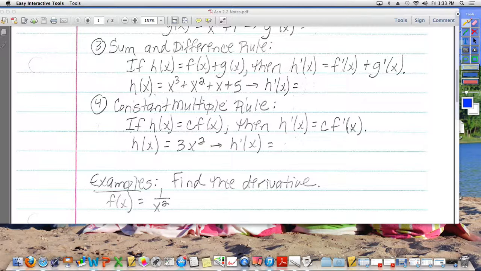So in other words, if you have some function that really is two other functions, two pieces added together, you find the derivative of each piece and you put them together. I'll show you an example. It will make sense.